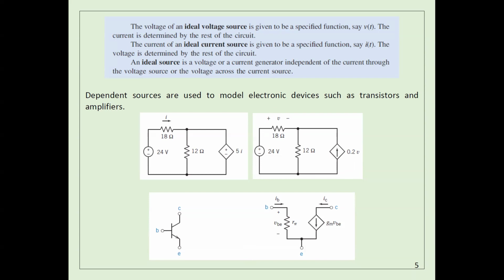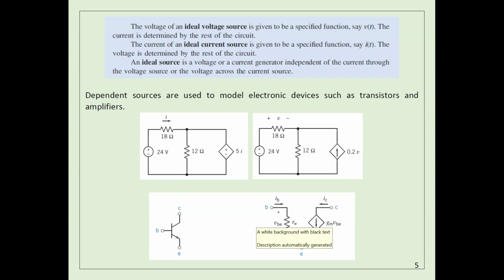But again, I don't want you to be confused. This one is still a current source. Current source means the amount of current does not change when you connect a resistor here. It does not change. What changes is the voltage across it, because this is similar to any current source.